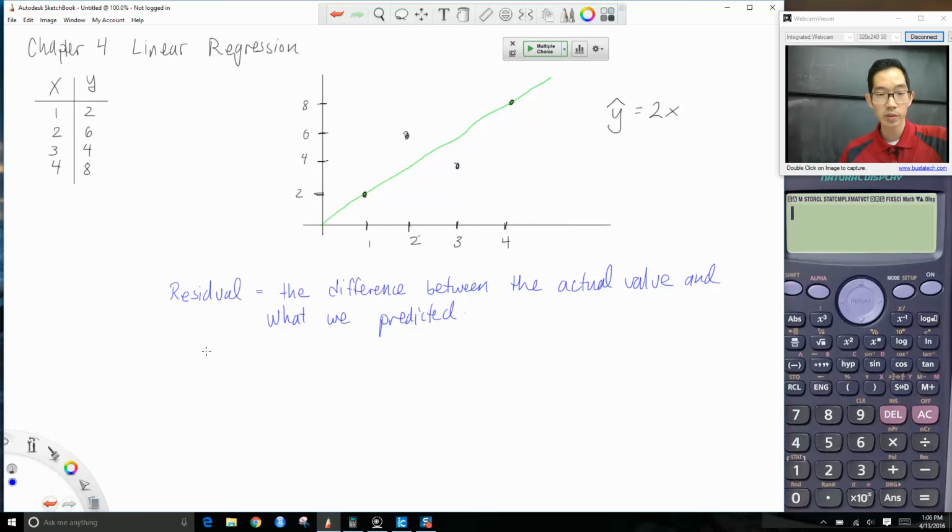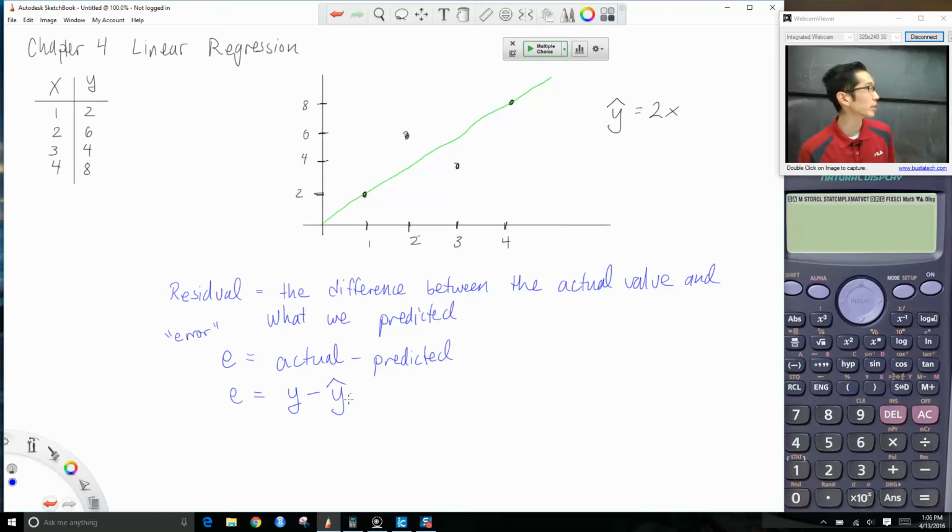Okay, or we can write E, the residual, this can be thought of as the error, is actual minus predicted. Or symbolically, we can say E is y, the actual value, minus y hat, which is our prediction for y, right? So I think I said y hat is our prediction.